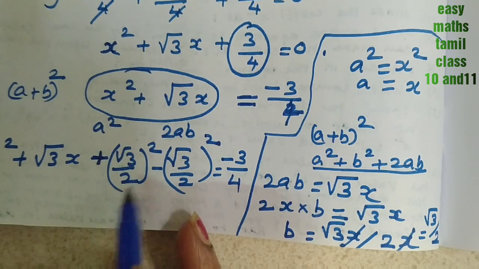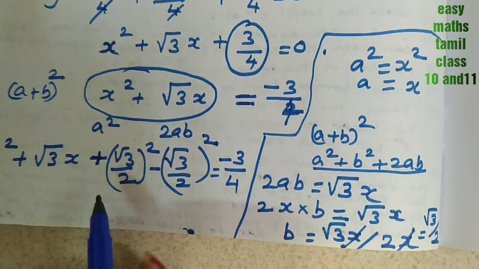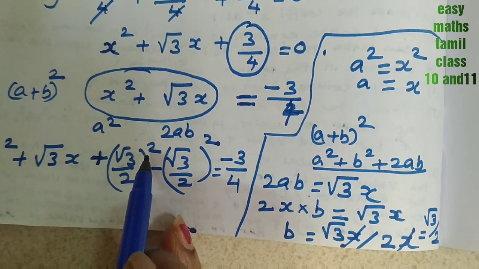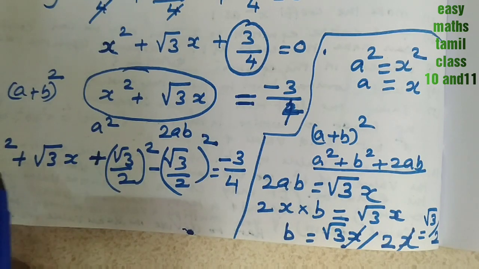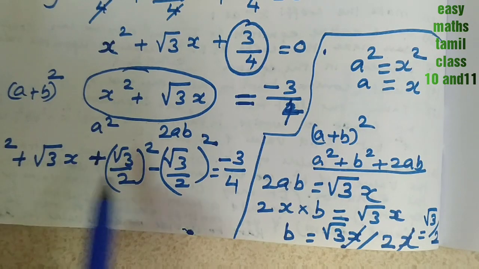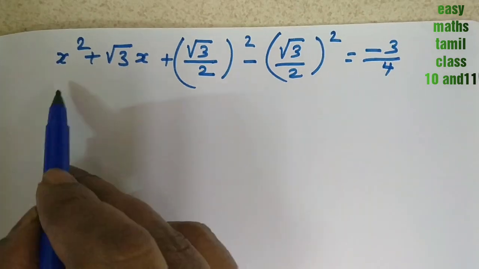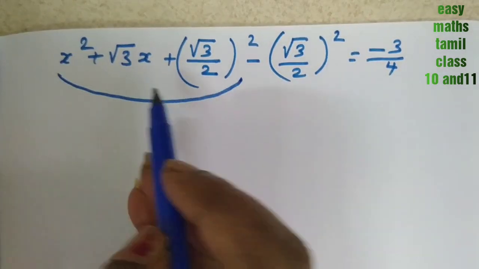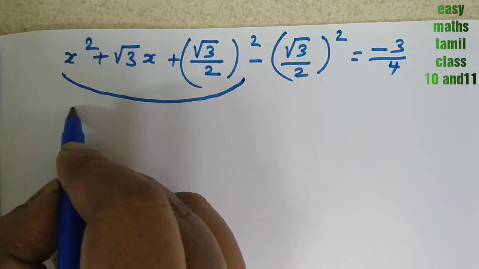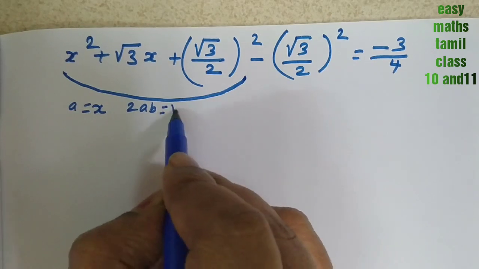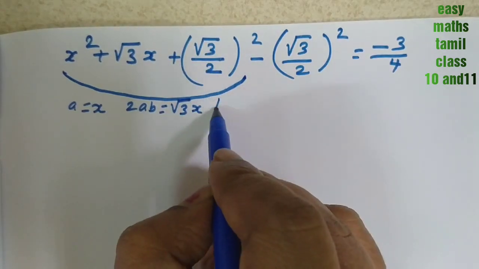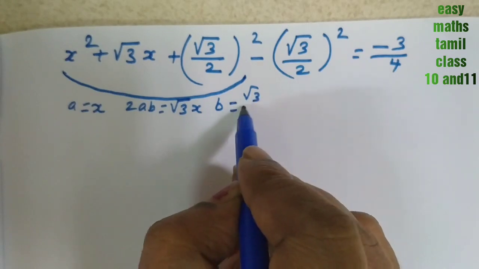This plus b square and minus b square will cancel each other, that is plus root 3 by 2 the whole square and minus root 3 by 2 the whole square will cancel each other. So x square plus root 3x is equal to minus 3 by 4. Now this is in the form of a plus b the whole square. The value of a is x. The value of 2ab is root 3 into x and the value of b is root 3 by 2.